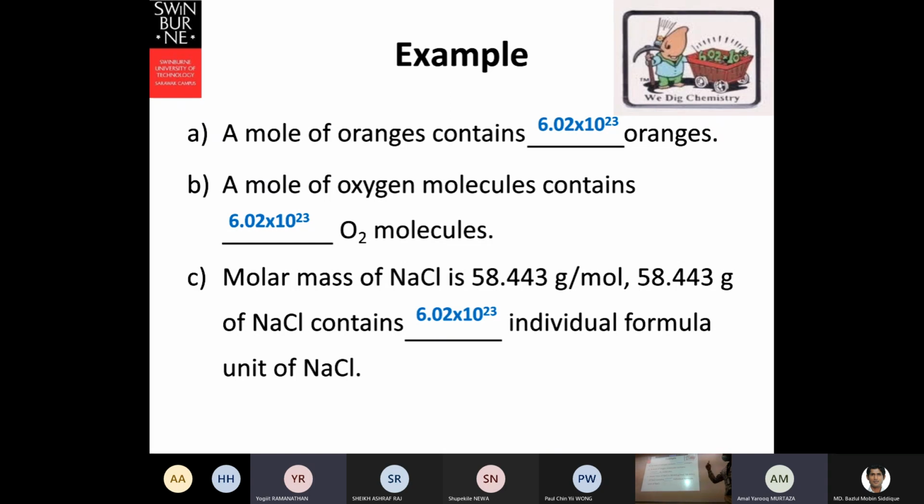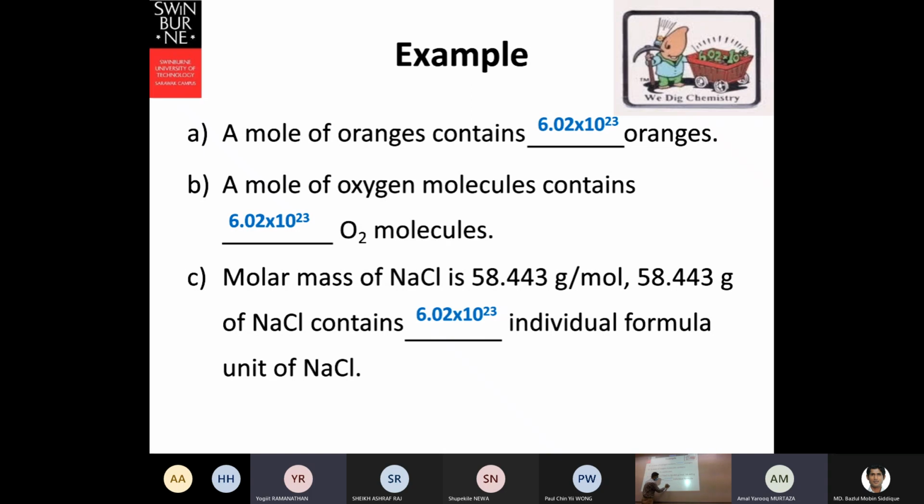So the molar mass of sodium chloride is 58.443 grams, and we want to know how many formula units of sodium chloride there are. What is the question? Molar mass. Oh, yeah. So 1 mole of sodium chloride means this many sodium chloride units, and this is the mass for them.